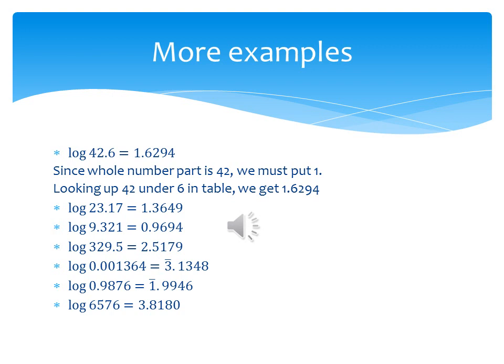So 21 under 6 gives us the value 3345, and under the mean differences in the same row we have 6. So we have to add 3345 plus 6 to write the value of log of 2.163.